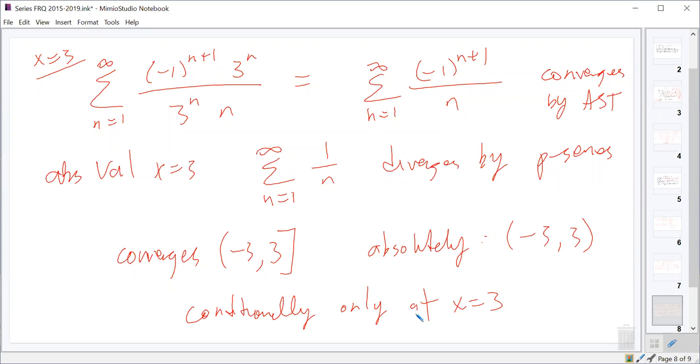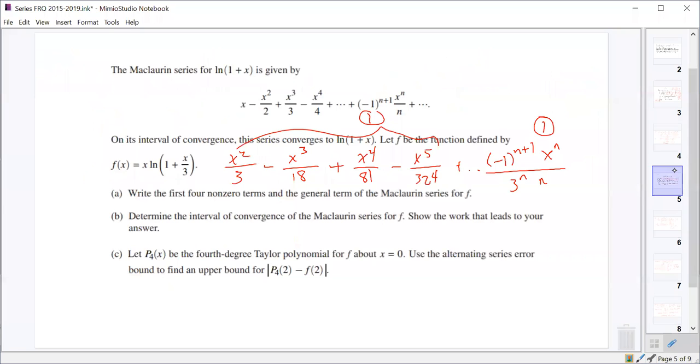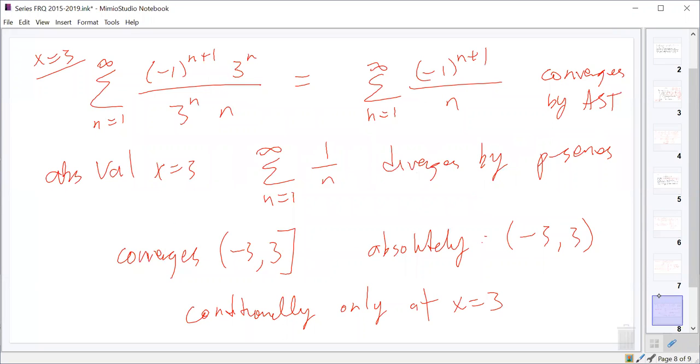Let's see. Okay, I guess it didn't actually ask all of those things. It just asked what's the interval of convergence. So your answer was just this. That other stuff's good too. Sometimes they ask that other stuff.